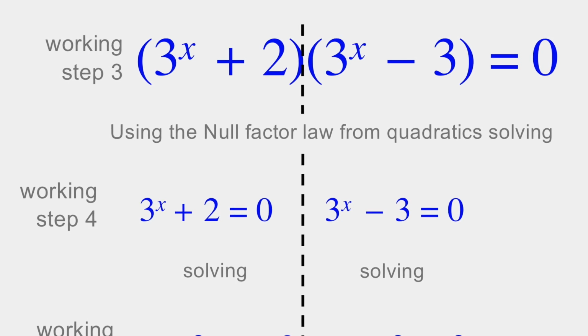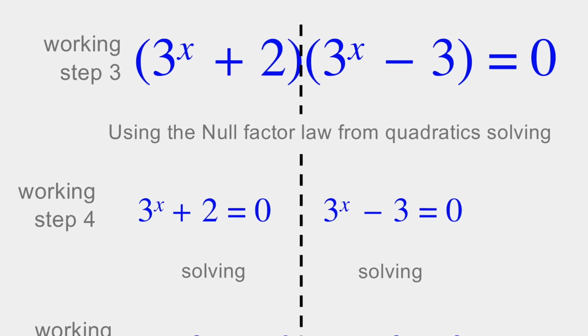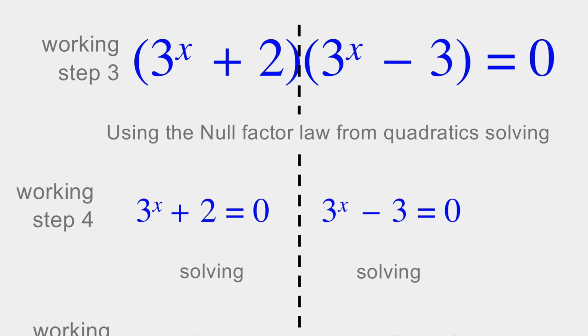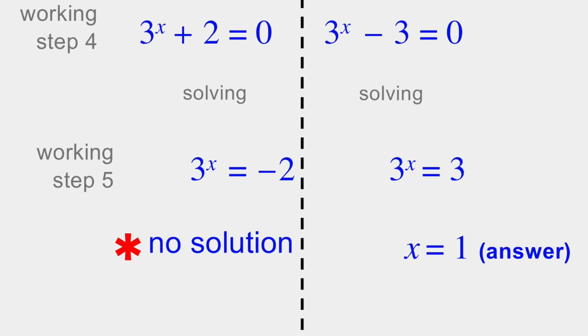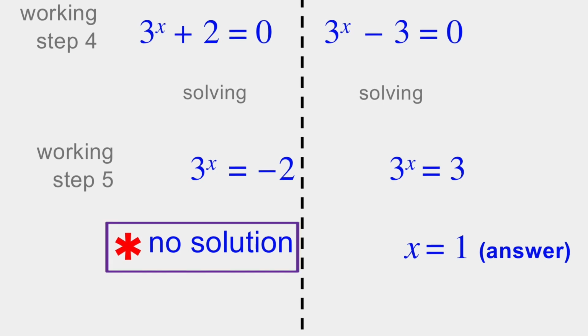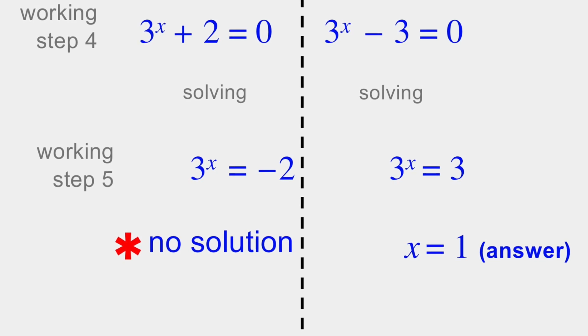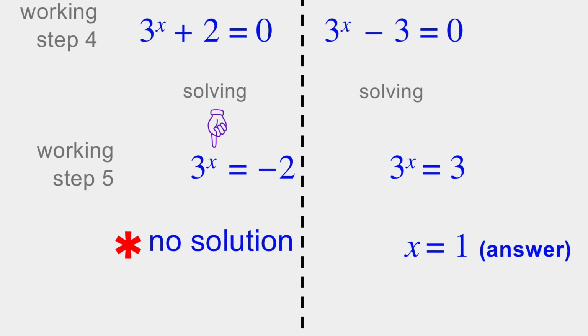If we focus on the left-hand side here and try to solve that equation, we move the 2 to the other side and you get 3 to the power of x equals -2. But this is where we have to recognize that there is going to be no solution for that one, because no matter what power for x you place there, there's no way you can get it to give you a negative answer, such as -2.